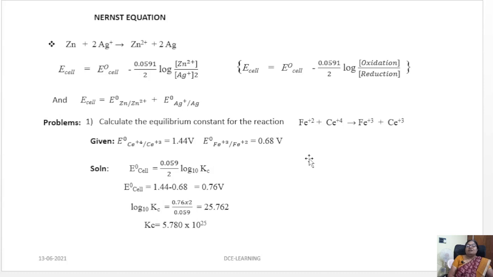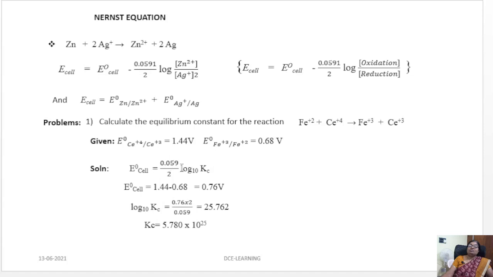For that reaction, the standard potential already given for cerium is 1.44 volts, and for iron is 0.68 volts.